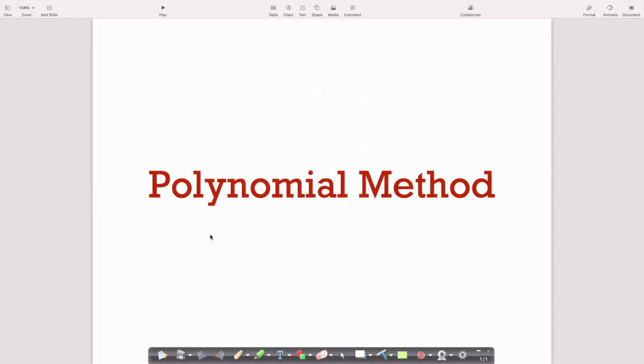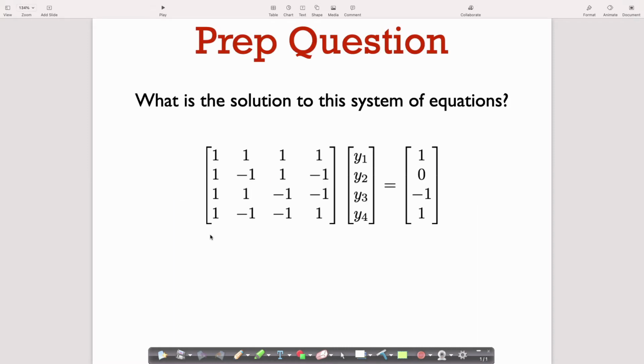Now let's start by talking about the polynomial method. And just as a warm-up to put your brain in the right frame of mind, consider this question. What is the solution to this system of linear equations? You could start doing Gaussian elimination on this system to figure out the answer.